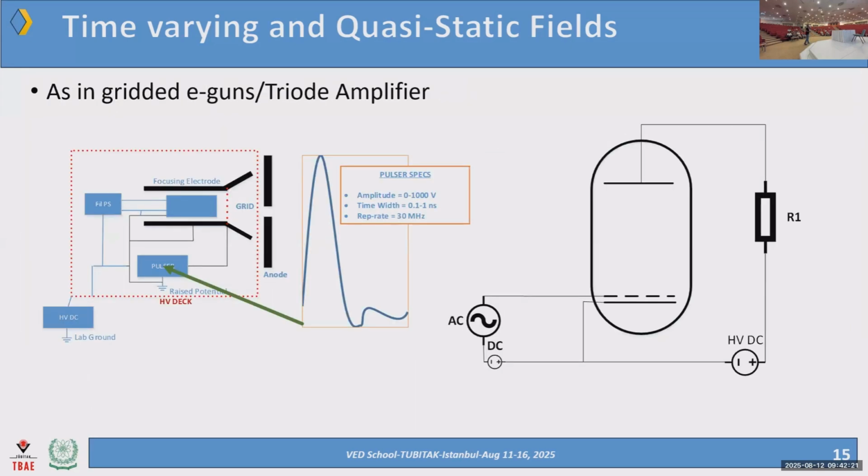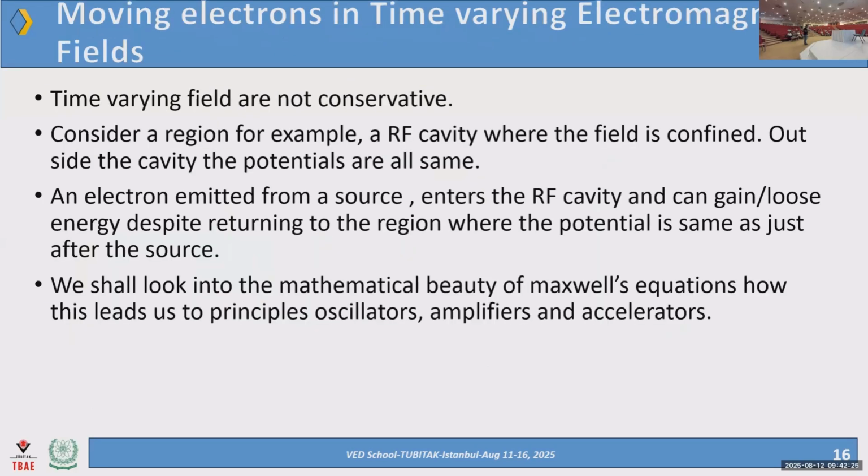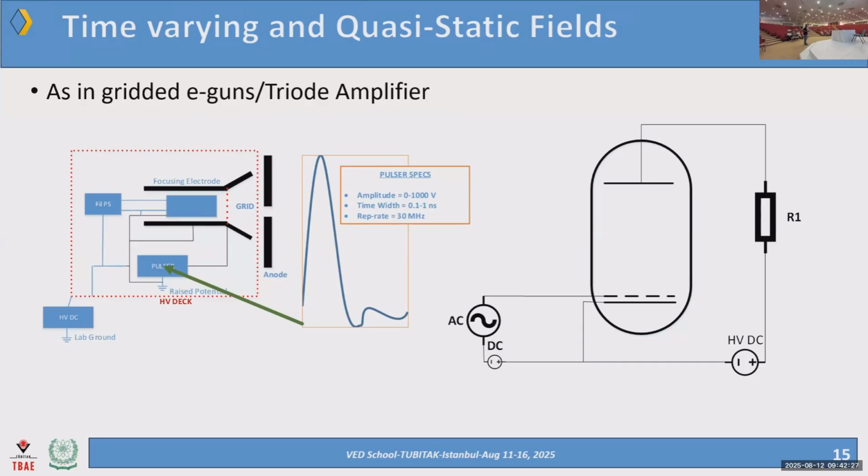Here, in fact, is the slide. If we have a very short pulse, in this case on the order of nanoseconds, and a very high rep rate, it is applied here at the gun, at the grid of the gun. This is the source of electrons. This is the focusing electrode.